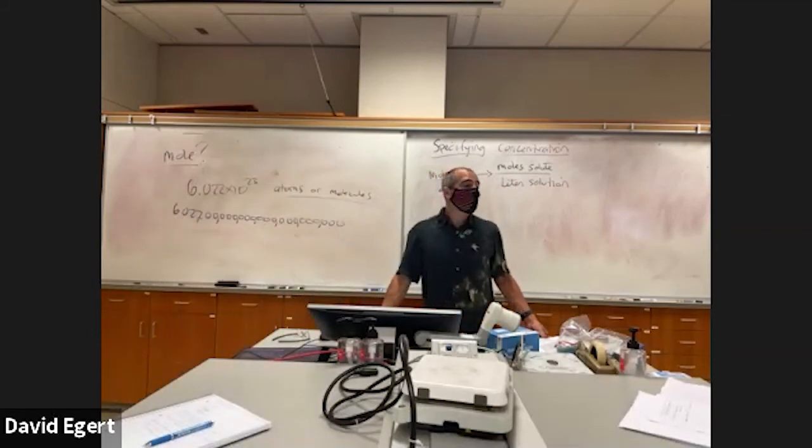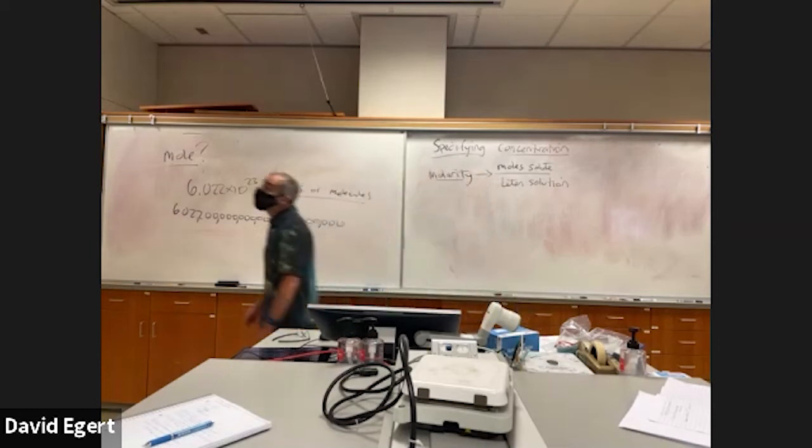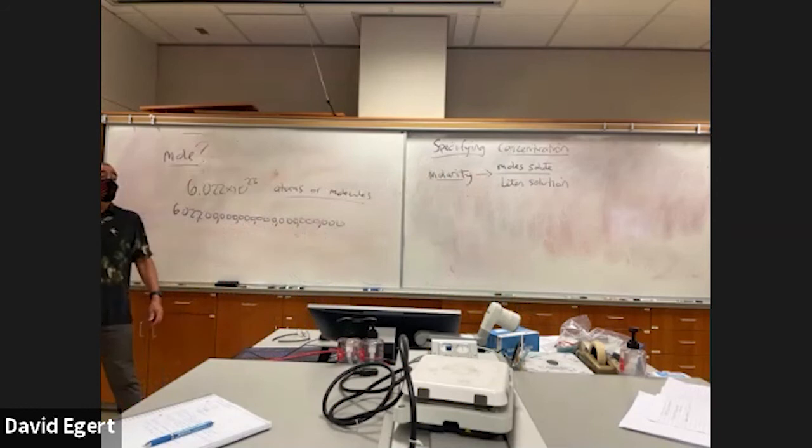You have to use the mass. We go to the periodic table and look at the atomic weight for the particular molecule, and that's the grams per mole. So we just lay out that much. For salt, it's like 58.5 grams is 1 mole of table salt.